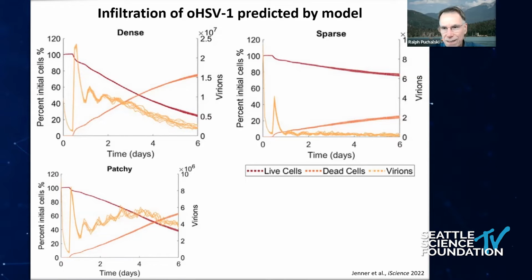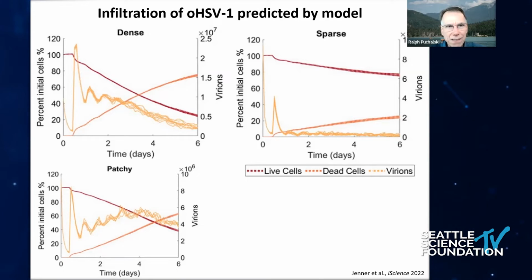And in this next simulation, the sparse cellular tumor simulation, live cells drop much less, from 100% down to about 80%. And after this initial virus burst, which is lower, you can see, same amount of virus added, but much less than the dense configuration because the virus does not replicate as well in the sparse tissue.